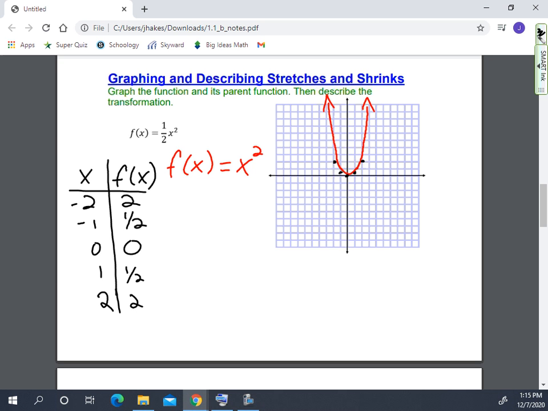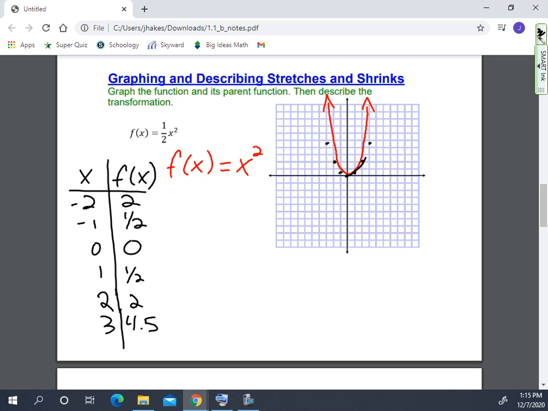Okay? I'm not really seeing a big difference here. Let's try 3. What would 3 be? Well, 3 squared is 9, and 1/2 of 9 is 4.5. Right? So at 3, we're at 4.5. Okay, well, we know that at -3 it's going to be the same thing, right? It's going to be right there.